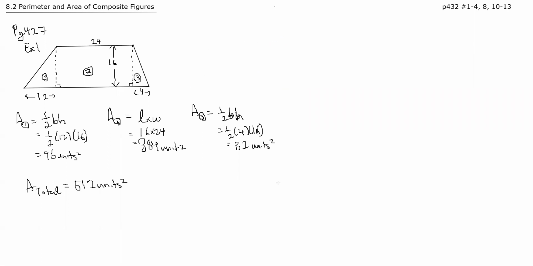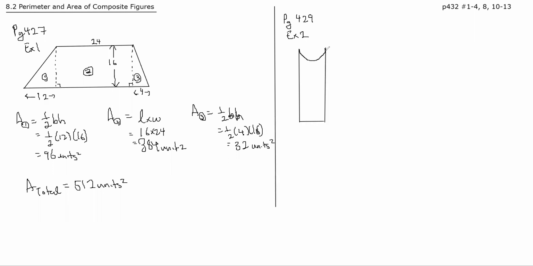Like, for example, I'm going to draw your attention to page 429, example 2. They give you a very interesting shape that is not typical, like that. Okay, you have to assume that's going to be a perfect semicircle that has been bitten off.